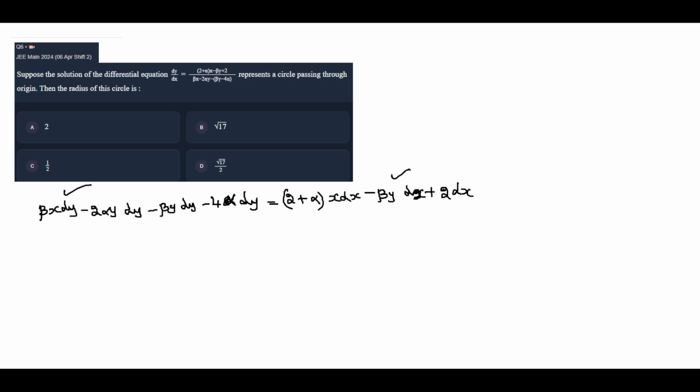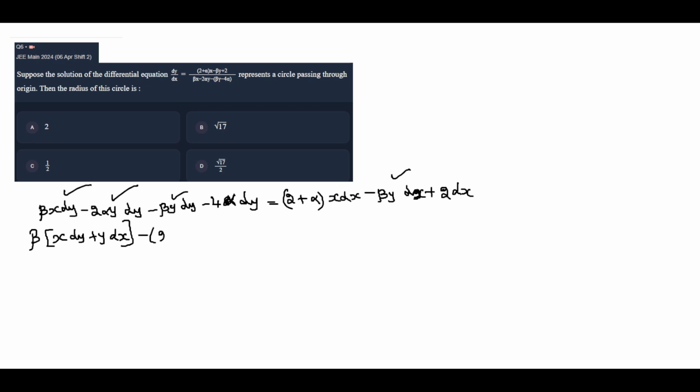So consider the term beta x dy minus beta y dx. Take it as beta is common, x dy plus y dx, and another term y dy. So you can take it as y dy is common.